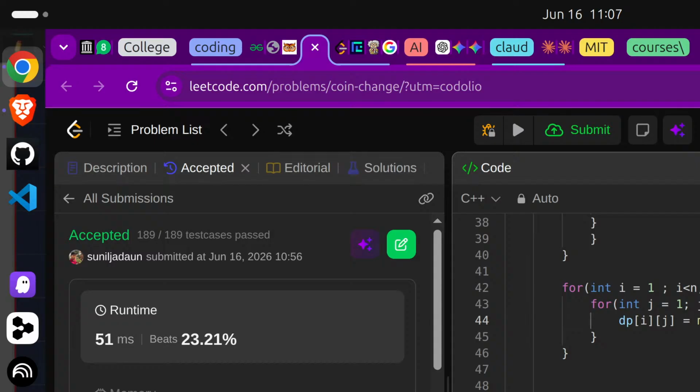Okay, only if j is greater than or equal to coins i, right?